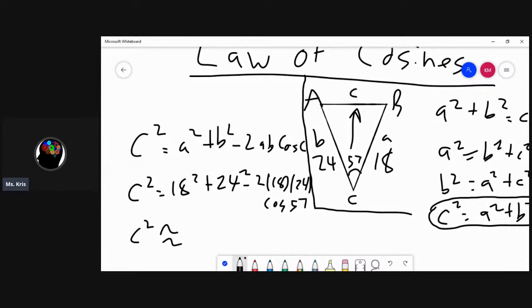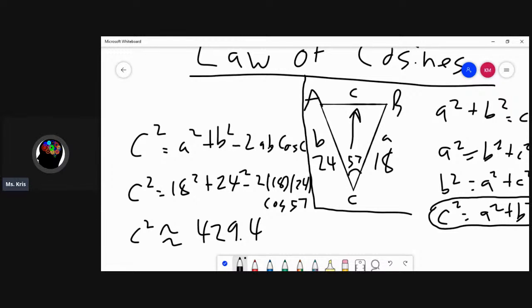So to find the side length, to the nearest tenth place, after we have squared and multiplied, added and subtracted, PEMDAS or GEMS, depending on which system you learned from, it gives us 429.4. Now, that is what C squared equals.